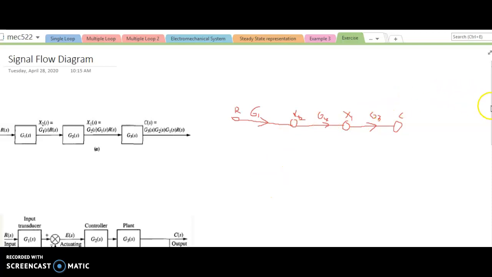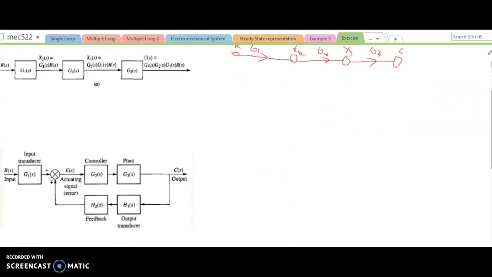Okay, next kita pergi pada second one. This one has feedback, so boleh nampak kat sini G1, G2, G3, H2, H1. So kita draw this one. Convert. Paling senang buat dulu C, and then dia connect dengan plant.